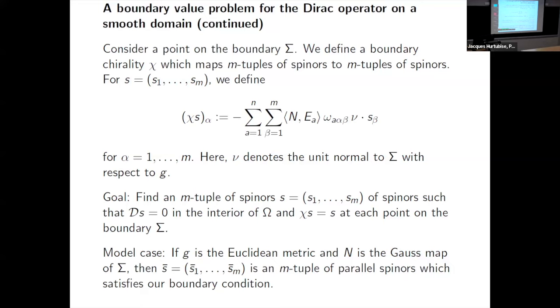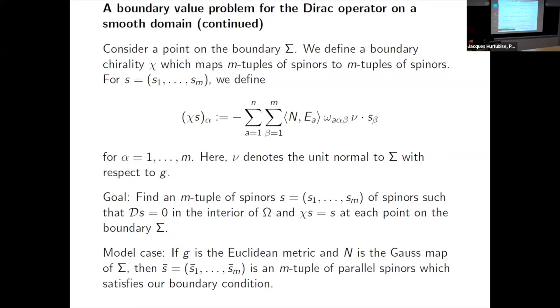What it does is it maps a section of this bundle E restricted to the boundary, and it produces another section of the same bundle. So you have a set of spinors S_1 to S_m defined on the boundary, and you map that to a new section chi S, which is a section of E restricted to the boundary.